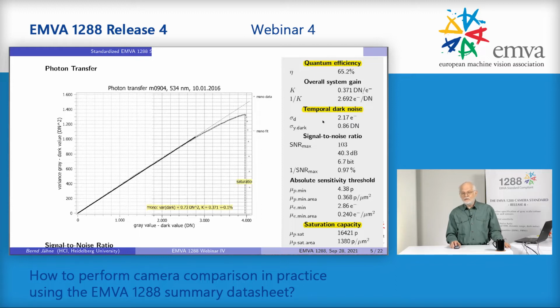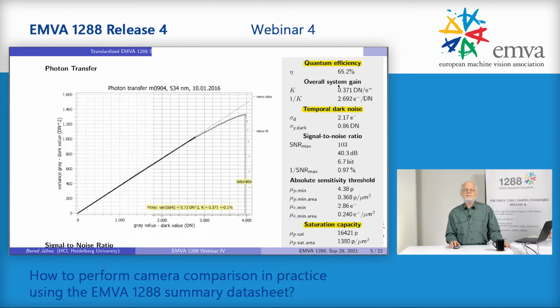And also if you look here in electrons, the dark noise is just a little bit more than 2 electrons. So actually a very excellent behavior. These are the basic three parameters of the model. They are put in the first place here because everything else is based on these parameters.